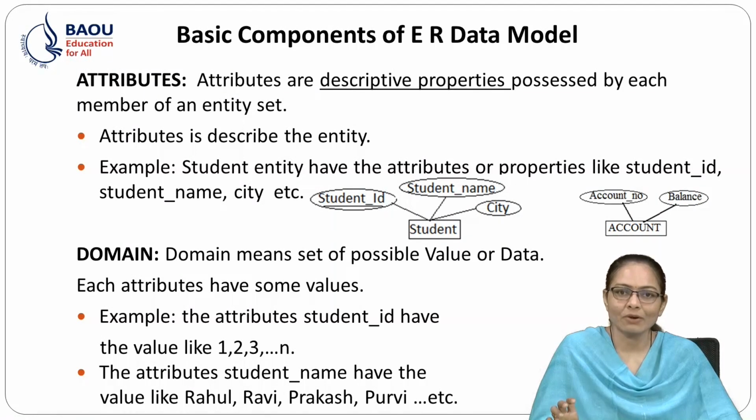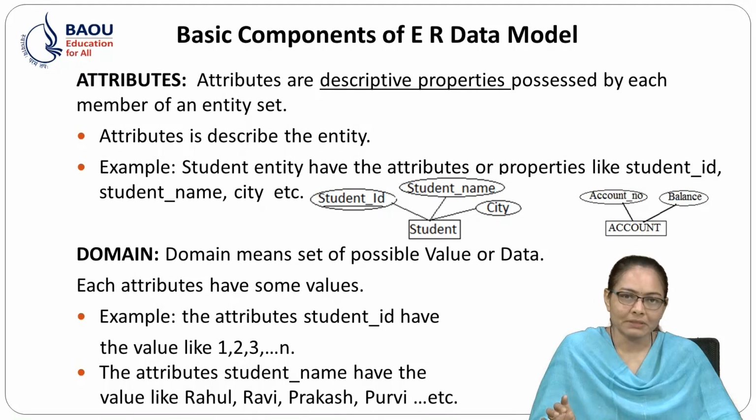Domain is a set of possible values or data of the attributes. Each attribute has some values. For example, the attribute student ID or roll number has values 1, 2, 3 up to n. Same as the attribute name or column name, student name has values like Rahul, Ravi, Prakash, Purvi, etc.